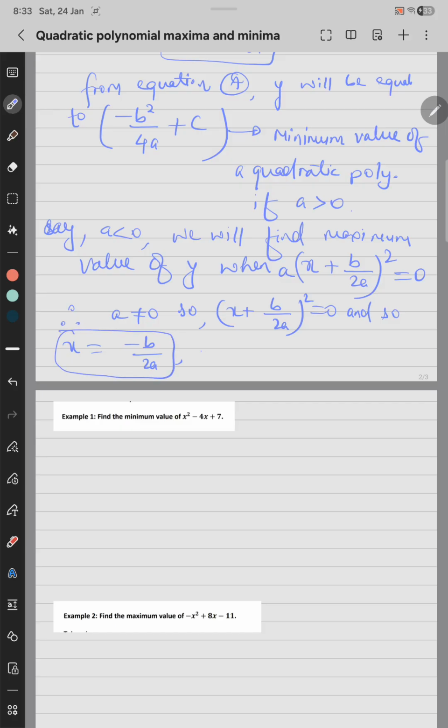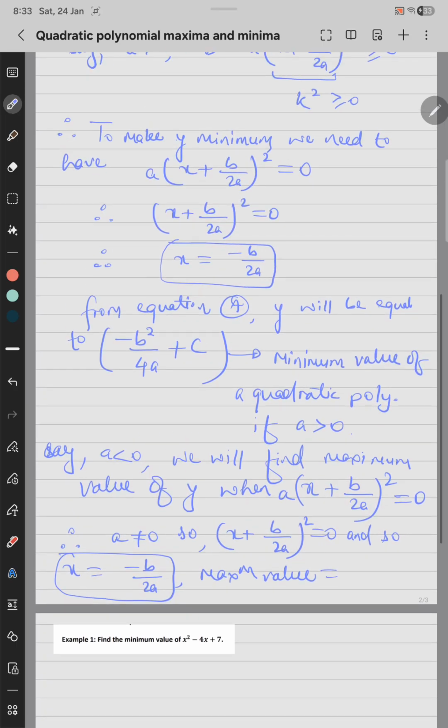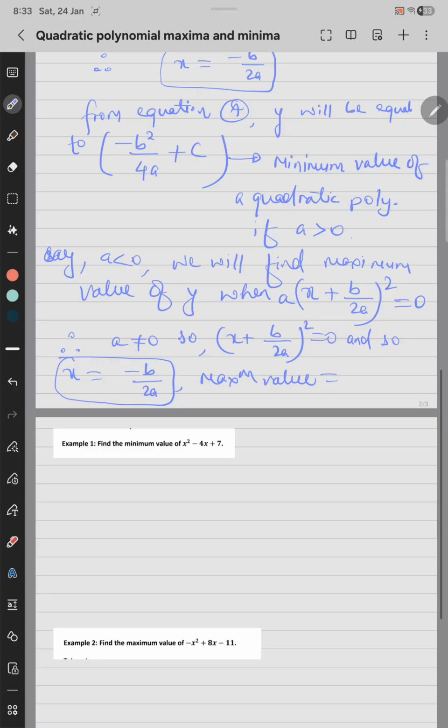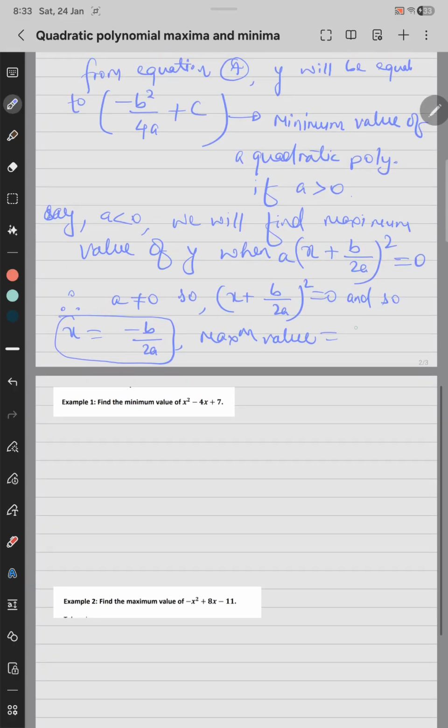And again the maximum value is equal to the same value that we got, which is minus b square by 4a plus c.